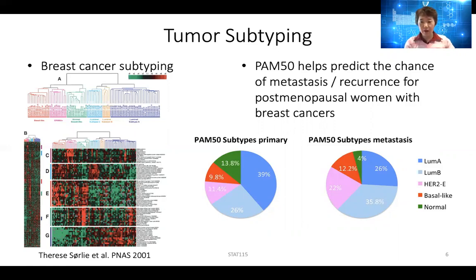Many years ago, pathologists knew that after you have a tumor slide, it's good to stain for three different markers: one is estrogen receptor, one is progesterone receptor, and one is HER2. At that time, they knew that if the patient has an estrogen receptor or progesterone receptor positive tumor, they usually have a better outcome, and should be treated with something.